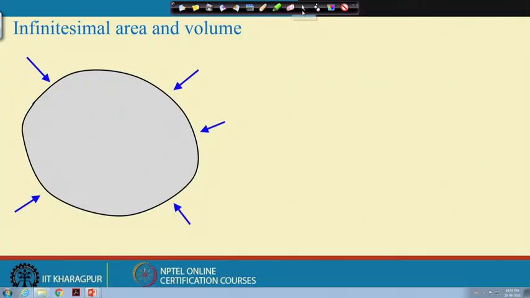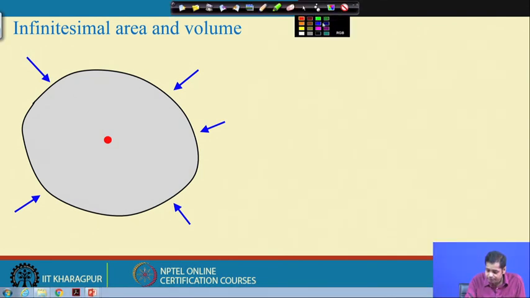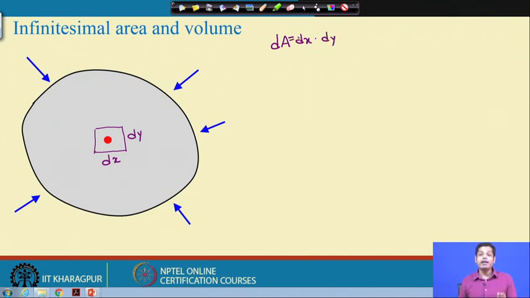For instance, if we take a point here, then around this point we take a small area, if it is 2 dimensional. Suppose this is dx, and this is dy, and this area is dA, and dA is equal to dx dy, and dy is very small.